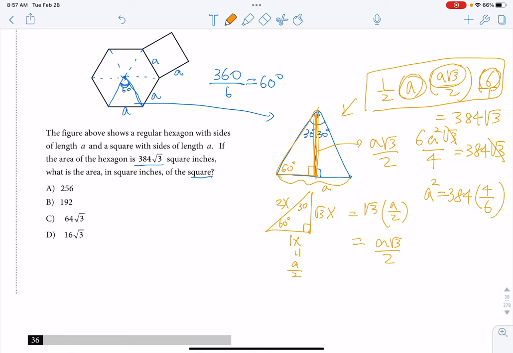Then you will get a squared equals 256. Okay, so you need to find the a, the square root that becomes 256. So the answer will be A.